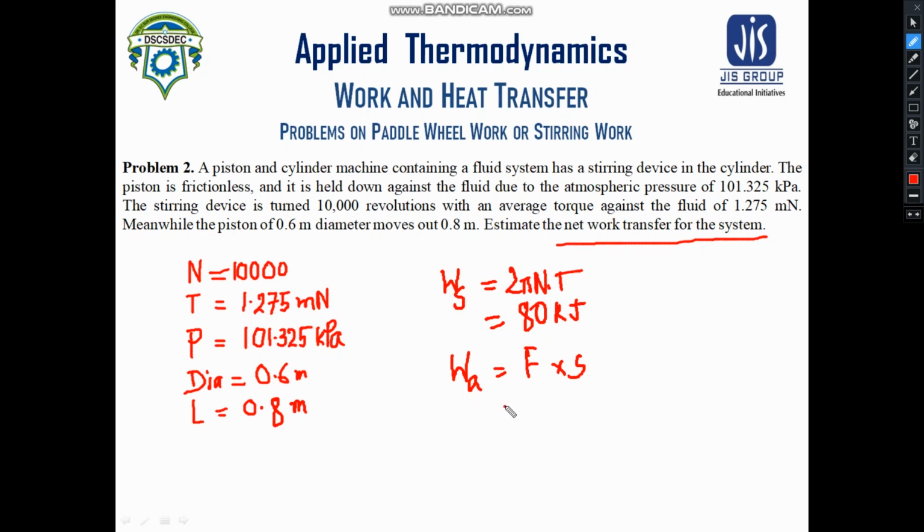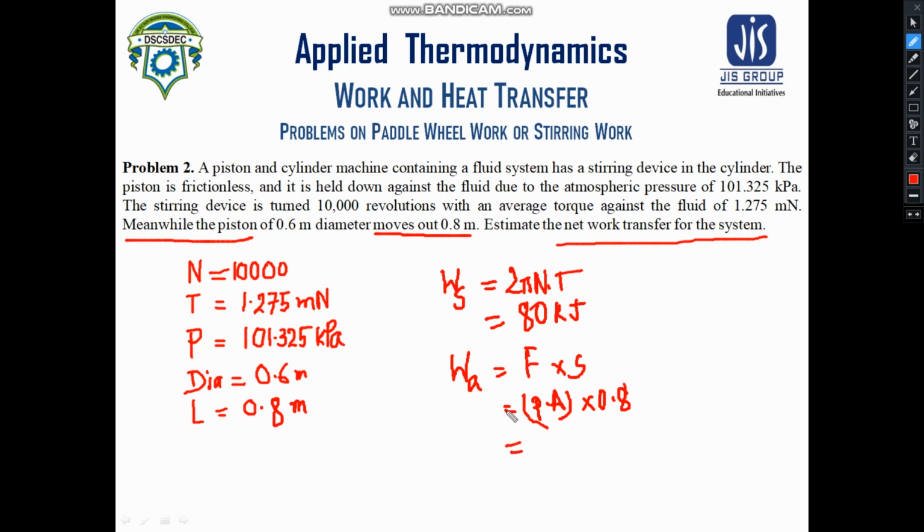Now what is the force here? It is pressure times area. This is very simple. And the displacement here refers to the piston which moves out by 0.8 meter. So the displacement considered here will be 0.8.